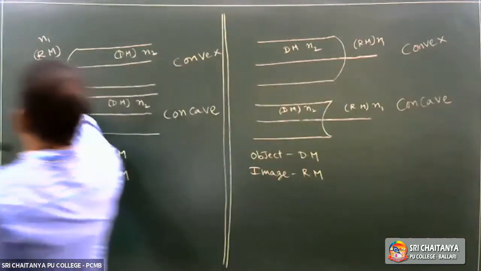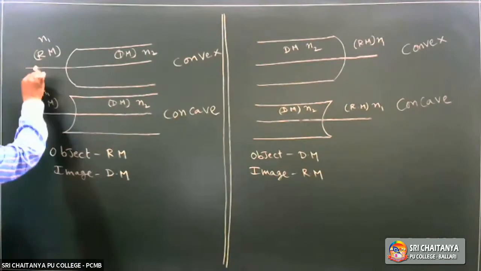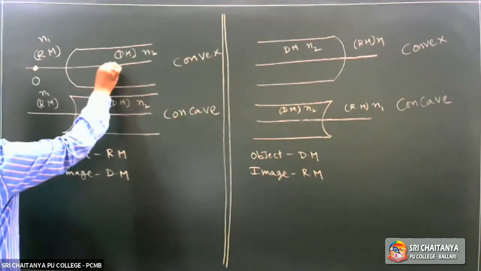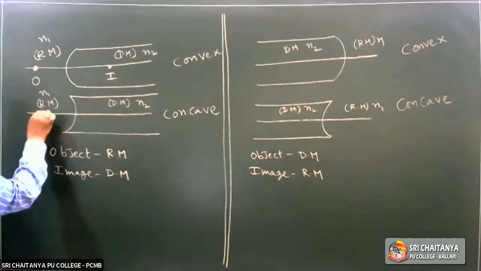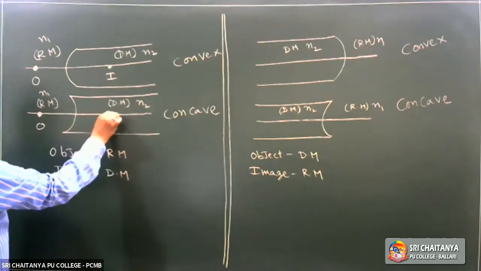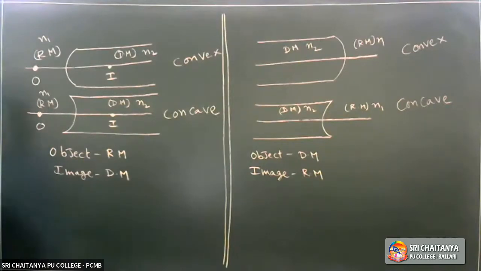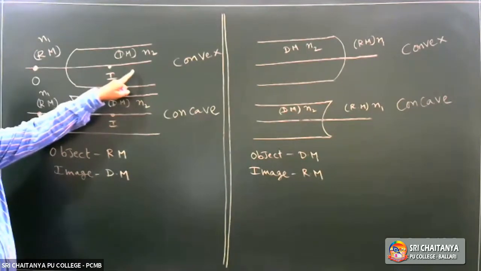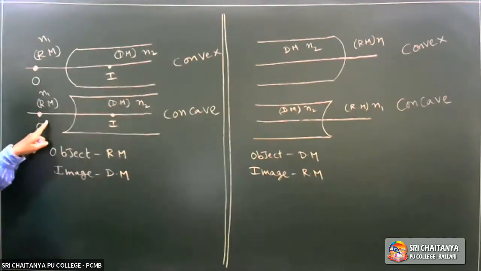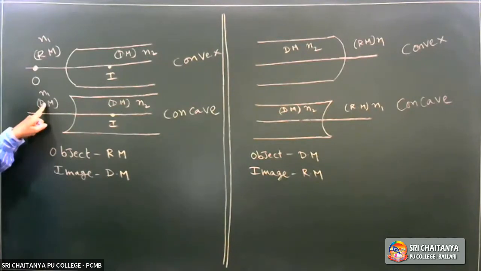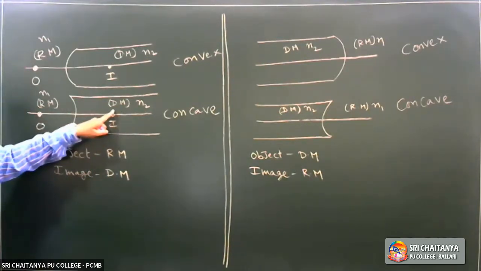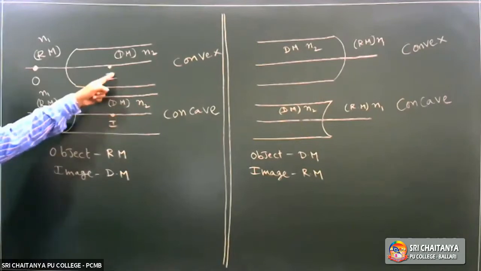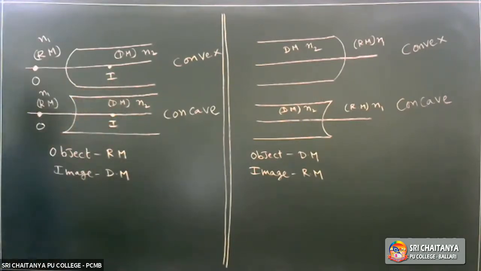Suppose this is the object. O is the object, I is the image. Object distance U, image distance V. Where is the object in this case? Object is in the rarer medium, image is in the denser medium. Whatever the surface, either convex or concave, the formula is the same.